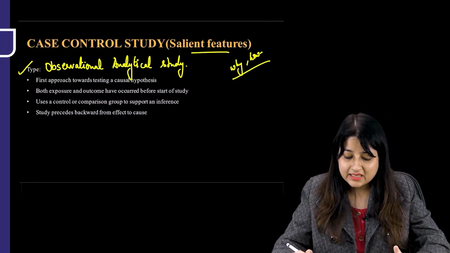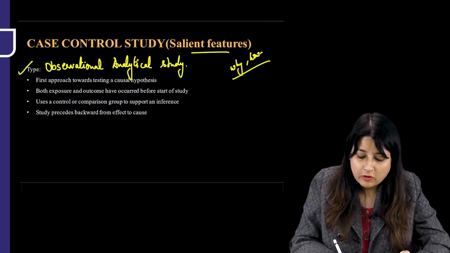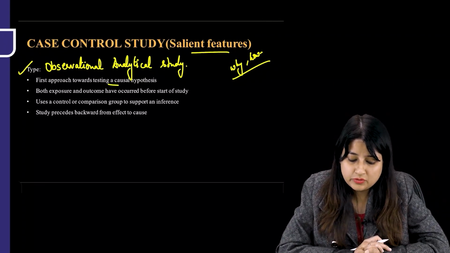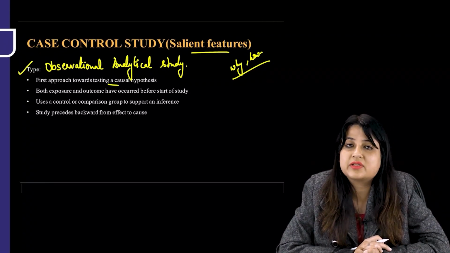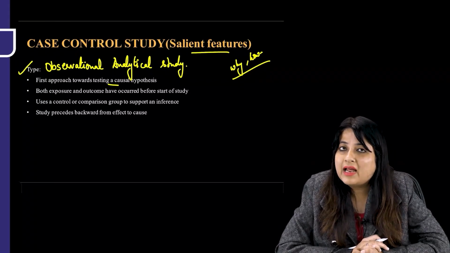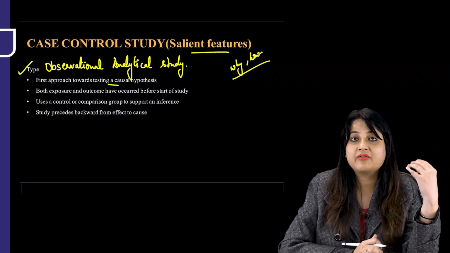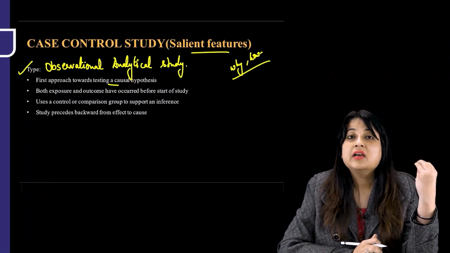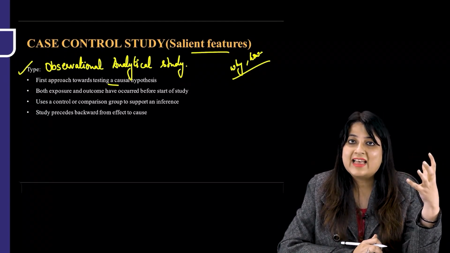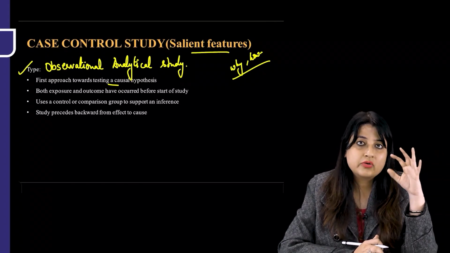Next, some salient features that I have written. Like I told you, it's the first approach towards testing a causal hypothesis. That means whenever we plan to do an analytical study design, after formulating a hypothesis, we need to test it. Should you go for a case control or a cohort?